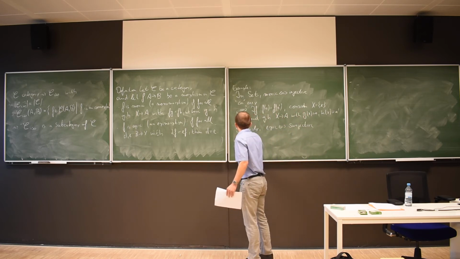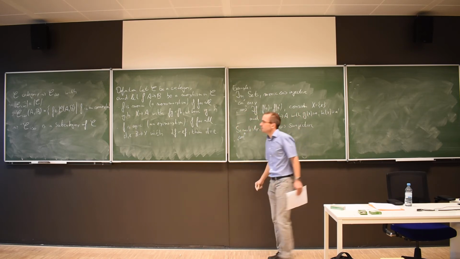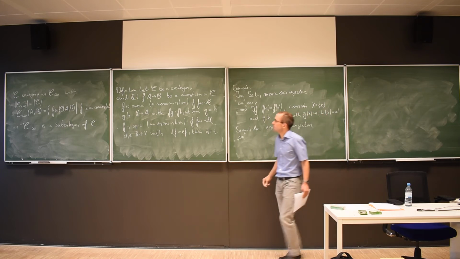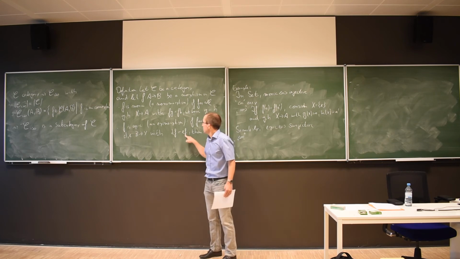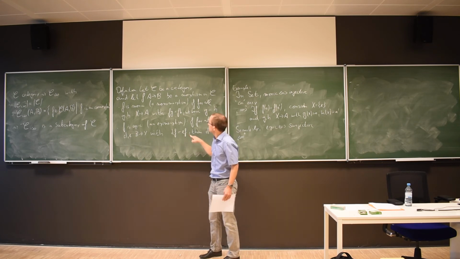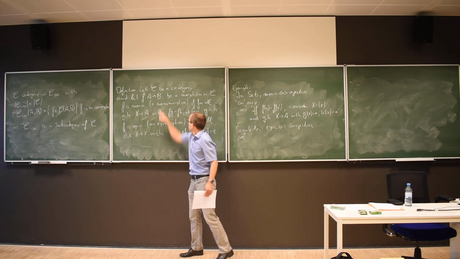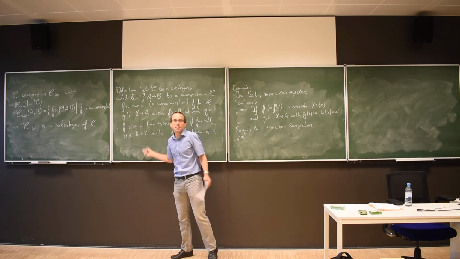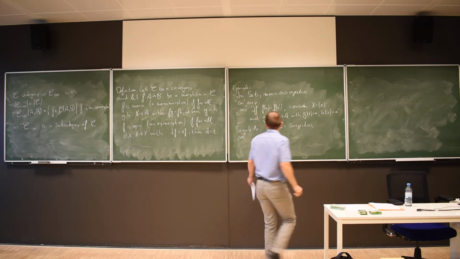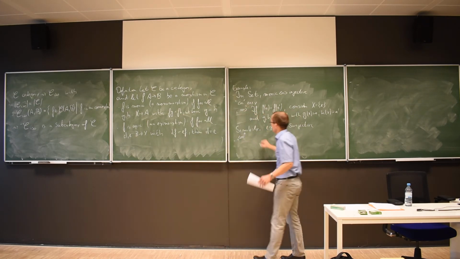Again, it's easy to see that surjective implies epic, because if F is a surjective map of sets, then its image is all of B, and so D and E coincide on all of B, and they are equal. That was easy. And the other way around is also easy.